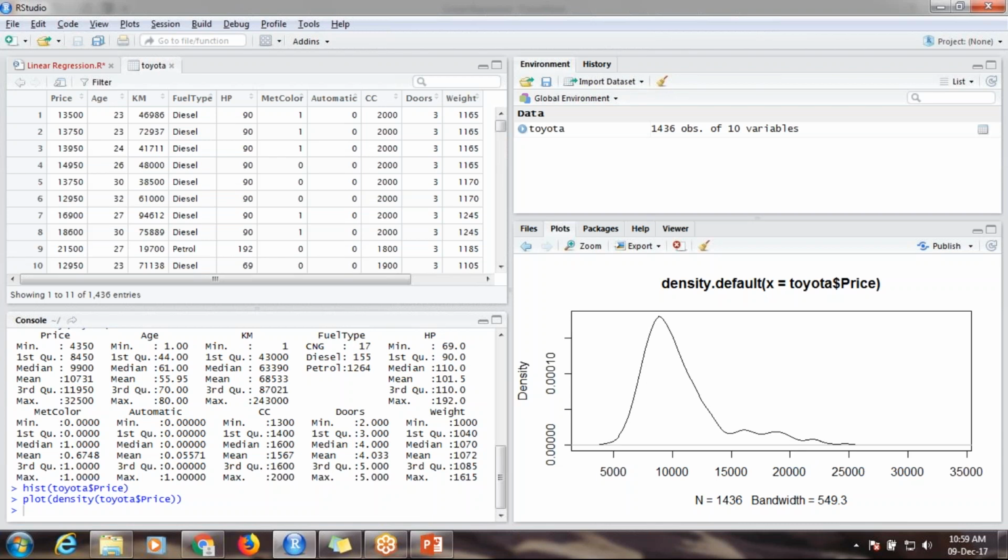For that reason, let's not make an equally separated variable. What else we can do is make a dummy variable and it will take care of it.